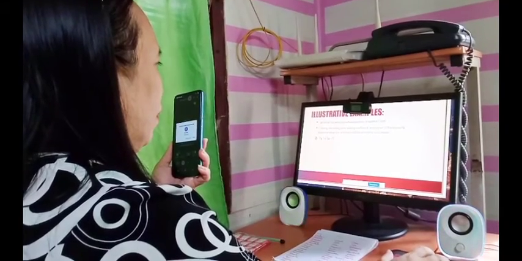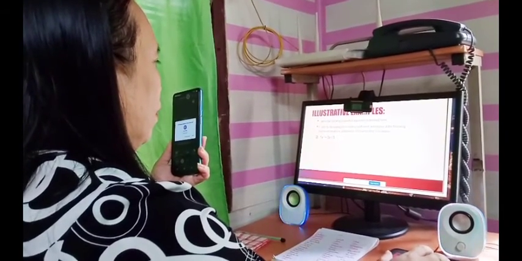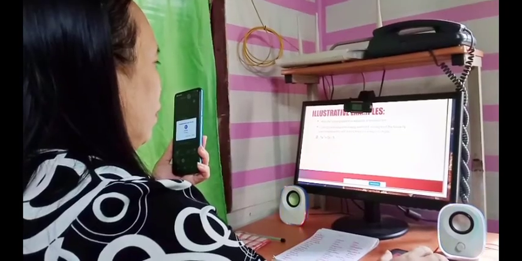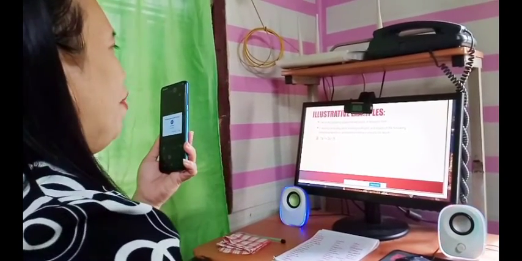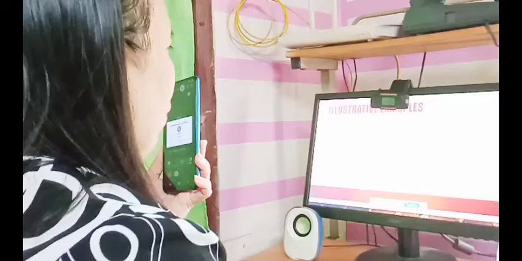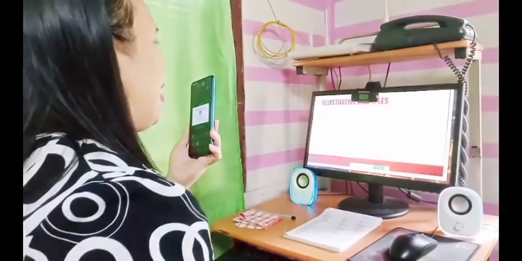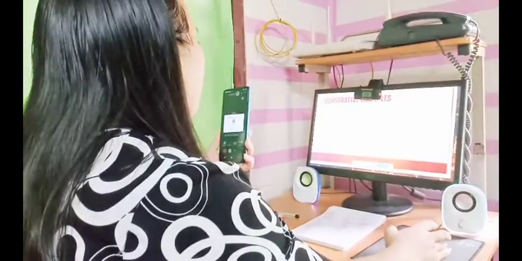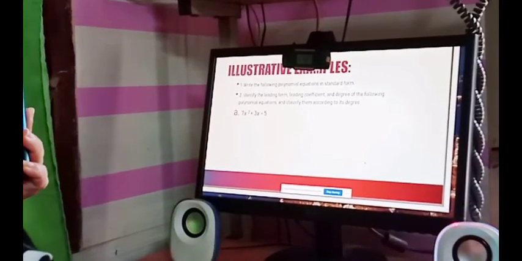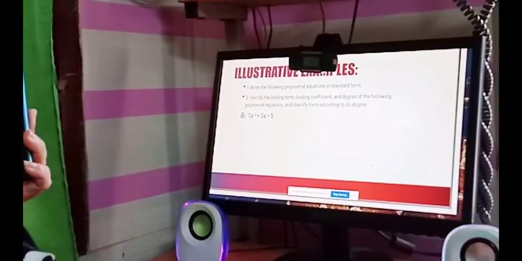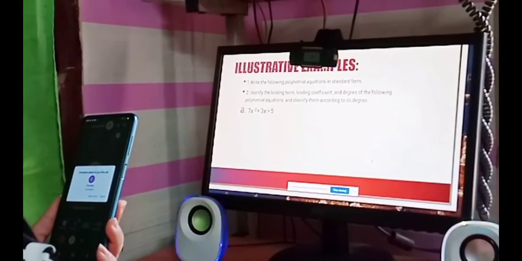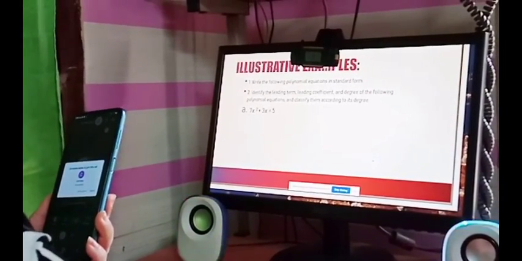Leading coefficient is 7. Degree is 2. Type is quadratic. Okay, very good. Can you say what is the standard form of the equation, Baron? The standard form, ma'am, is 7x squared plus 3x minus 5 equals 0. Okay, very good.